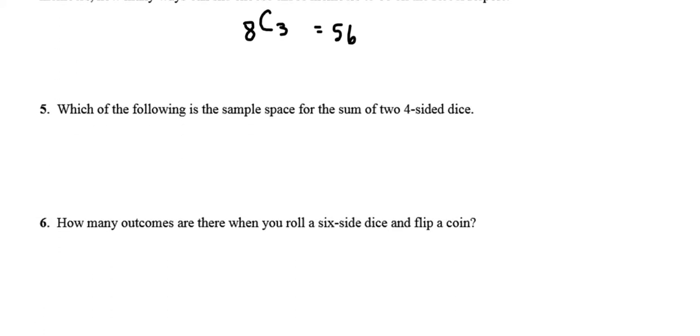All right, question number 5. Sample space. I'll have a different answer key. For the sum of 2 4-sided dice, once again, we could do our grid here of 4, all the possible outcomes. There's going to be 16 total rolls.